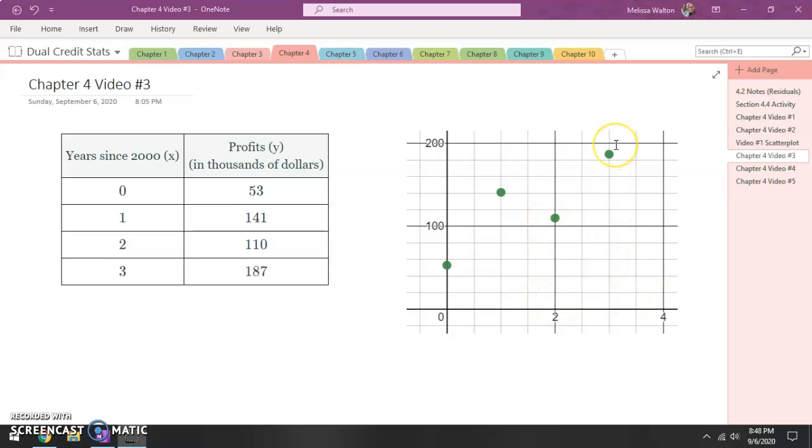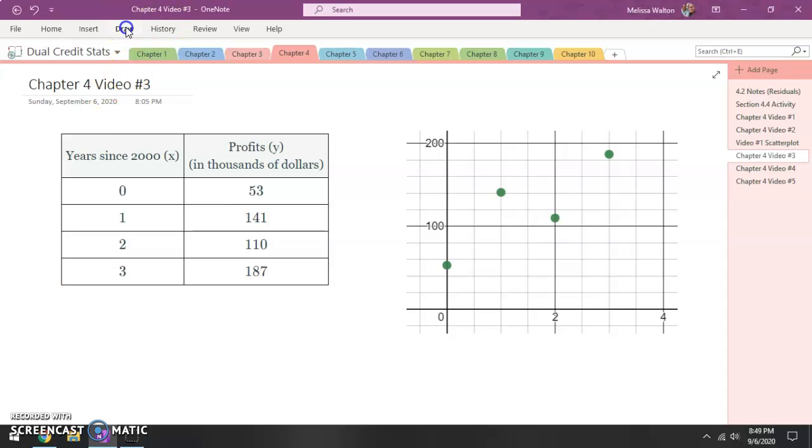2002, 2003. All right, now let's say that we would like to describe, okay, well, what is the general pattern here? What is going on? And one way to do that is by making the least squares regression or the least squares line or a linear regression.